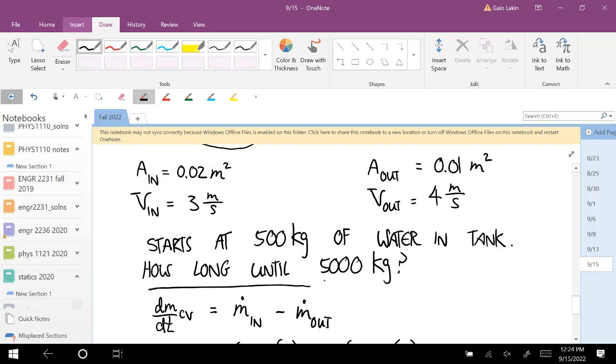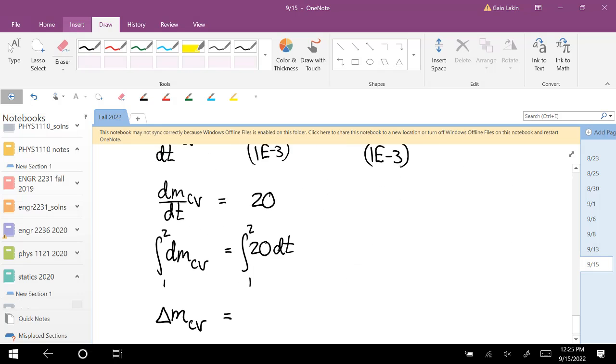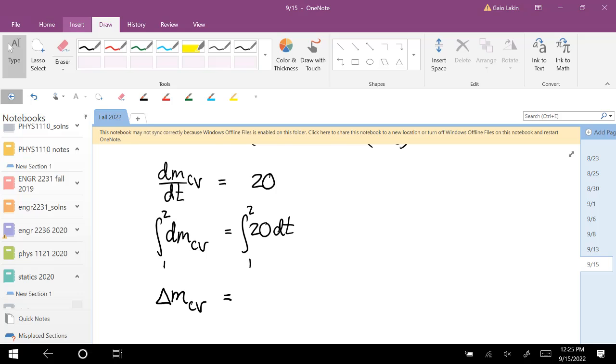60 for the inlet minus 40 for the outlet, right? And then this is 4,500.